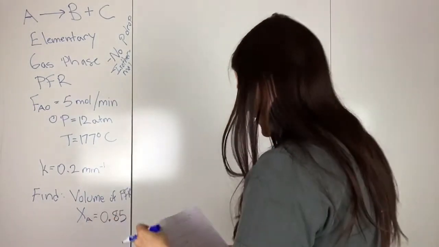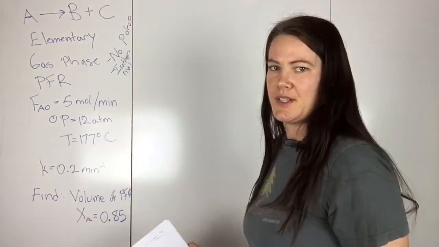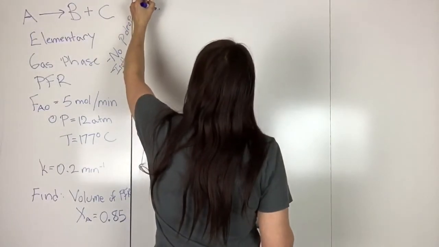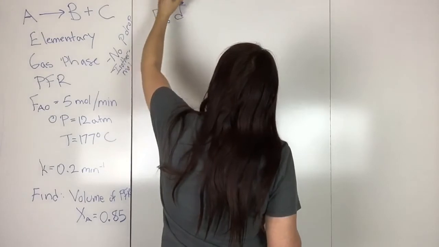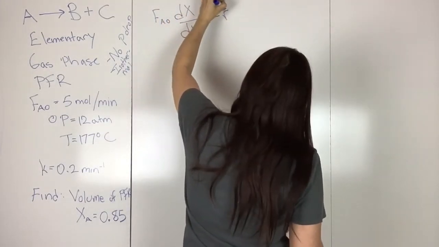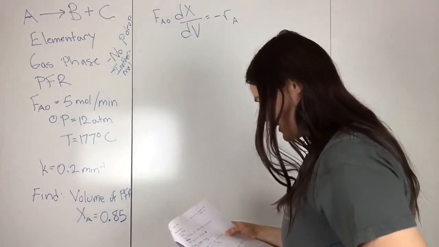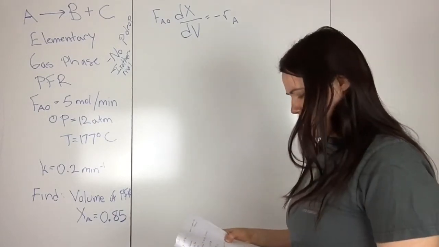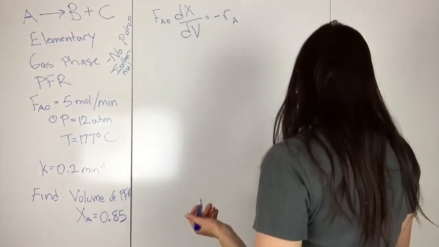So first of all, the design equation. We know it's a PFR, so we want the PFR design equation, and that is FA naught dX/dV equals minus rA, or the rate. And then since we're assuming that there's no pressure drop, we can rearrange the equation to the integral form.